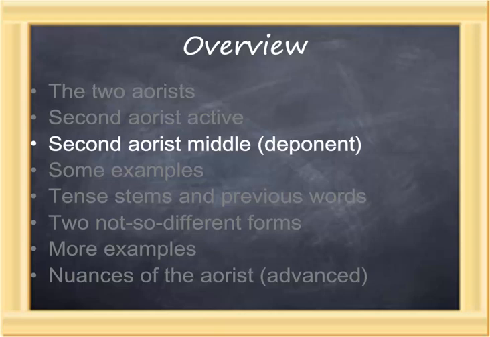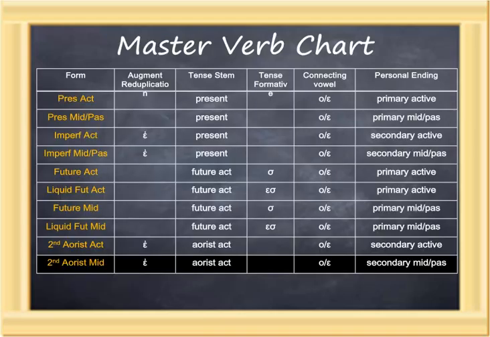Most second aorists of middle form are actually deponent verbs, so they'll be translated actively. Nevertheless, one needs to recognize the form. The second aorist middle is formed by adding an augment to an aorist active stem along with a connecting vowel and a secondary middle passive ending.